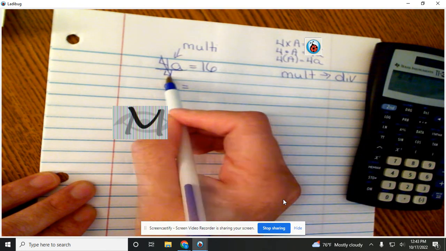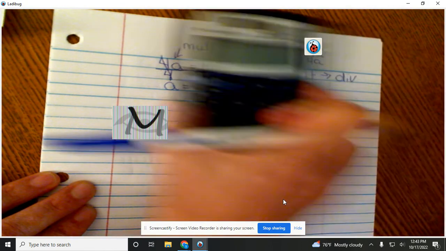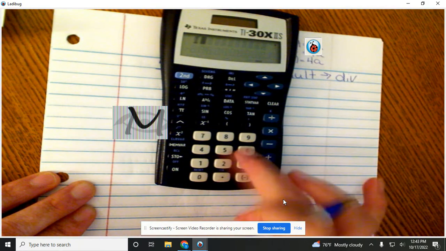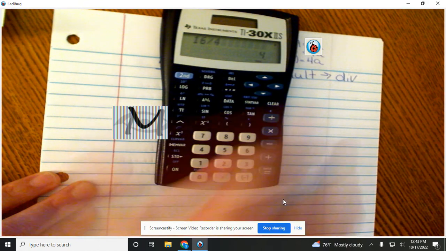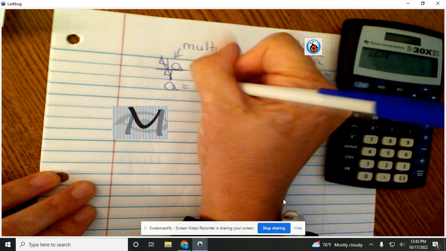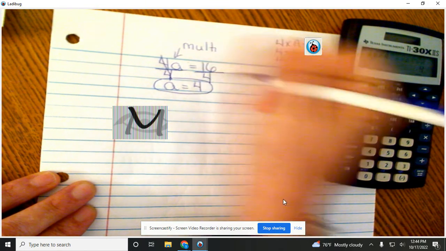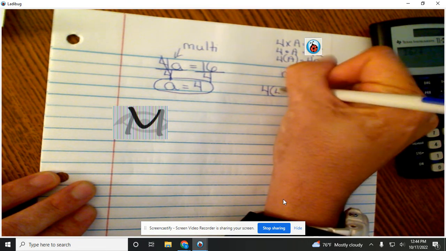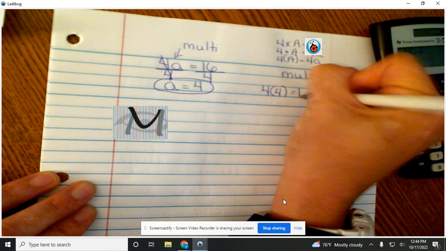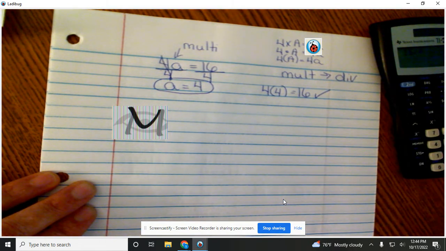Because you divide it to one side, you need to divide to the other side. 16 divided by 4 gives you 4. So a equals 4. Now, if you want to go back and double check your work, you can do 4 times 4, and because that equals 16, I know that I did it correctly.